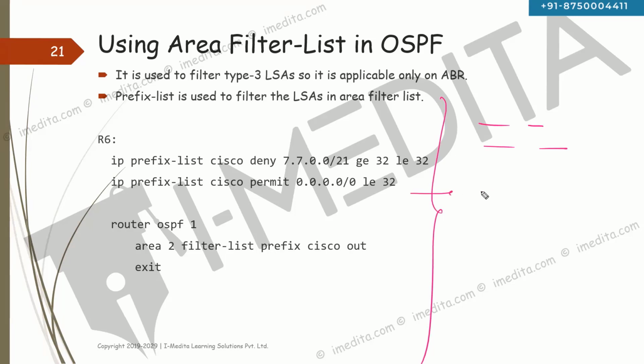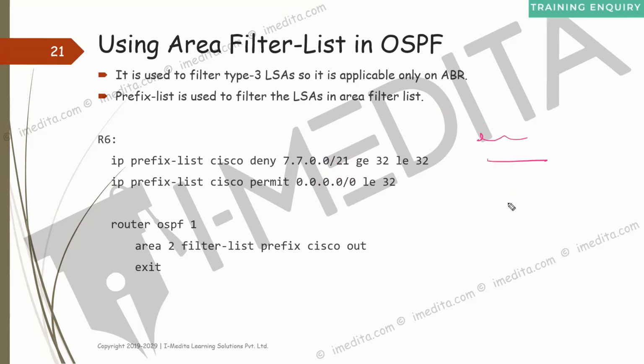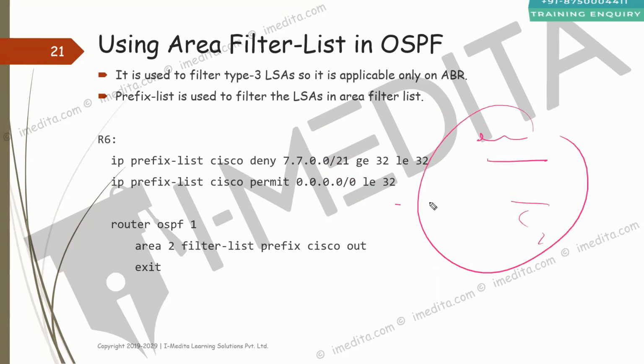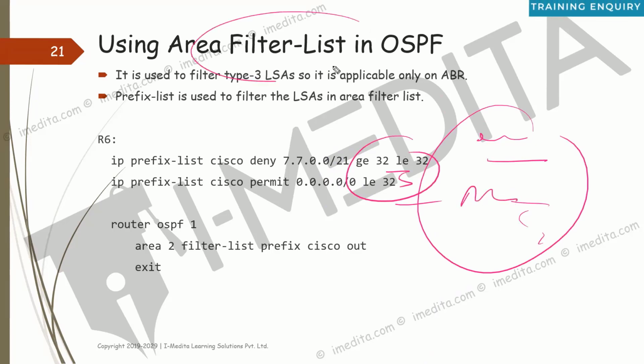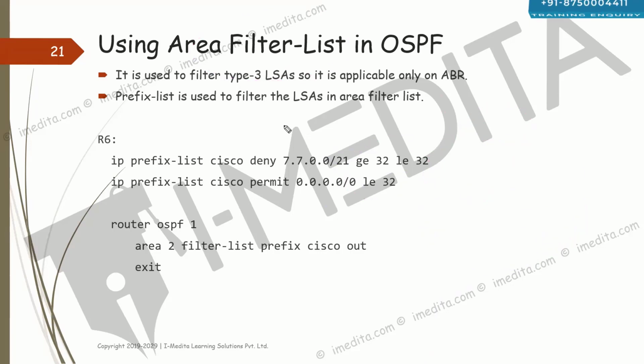We do not have the option to match even odd. We don't have those options actually. So it has its limitation as well. If you want to perform the filtering based on even number, odd number, two random IPs and all, you can go for the ACL. If you want to perform the filtering based on the CIDR, you can go for the prefix list.